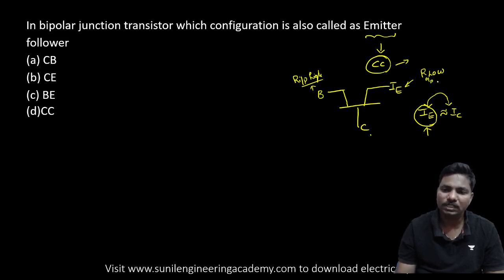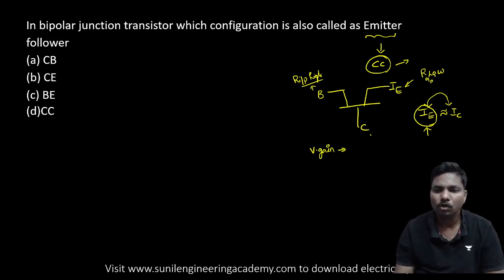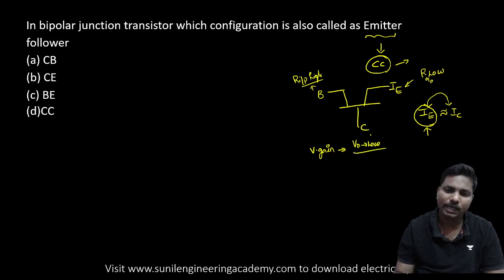So what about the voltage gain? Voltage gain is output voltage by input voltage. Output low resistance means low voltage drop, so output is low. Input is high voltage, meaning high voltage drop. Low by high means lowest, so voltage gain is lowest.